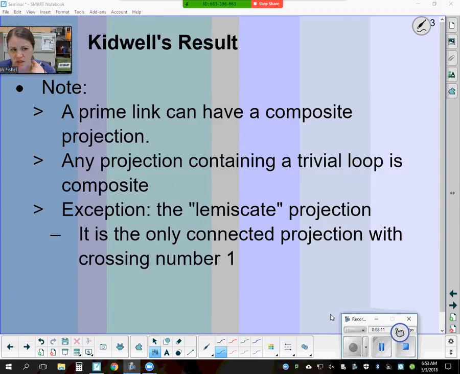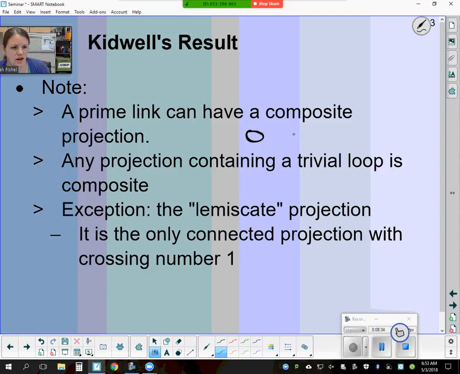A prime link can have a composite projection if one factor is a non-trivial projection of the unknot. So what's the unknot? The unknot is just, of course, again, our single loop, but that would be a trivial projection of it. We are talking about if it has a non-trivial projection.